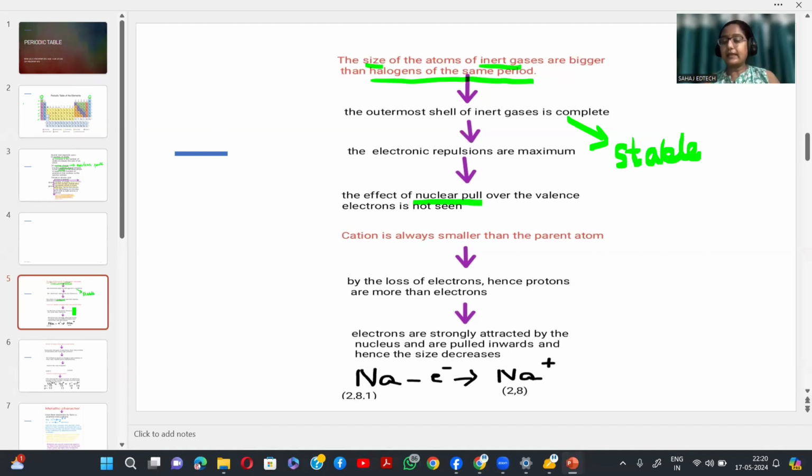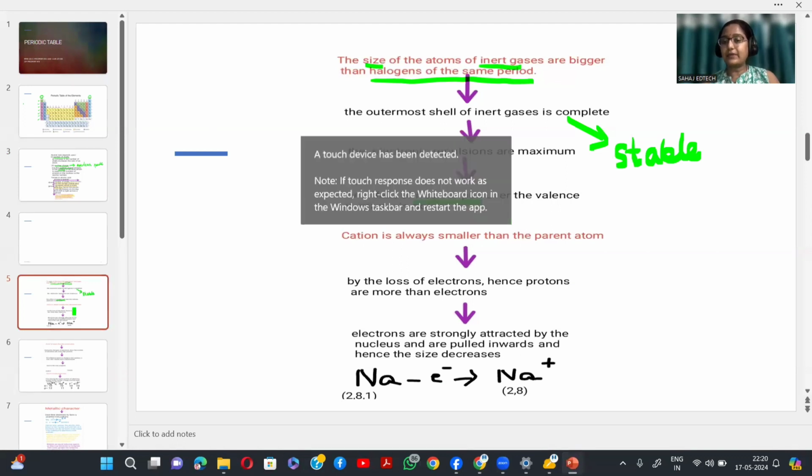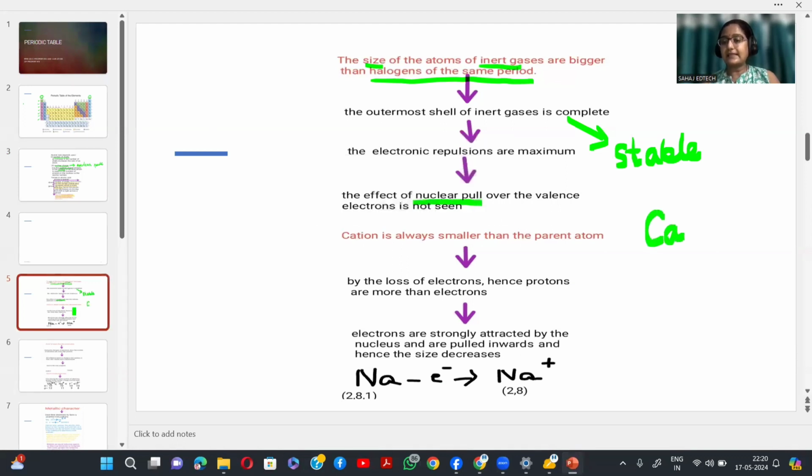Then what do we see? Cations. What are cations? Positively charged ions are known as cations, like Ca2 plus. How are they formed? By the loss of electrons. Since they are formed due to loss of electrons, the number of protons is more, so nuclear pull will be more effective. And hence what will happen?